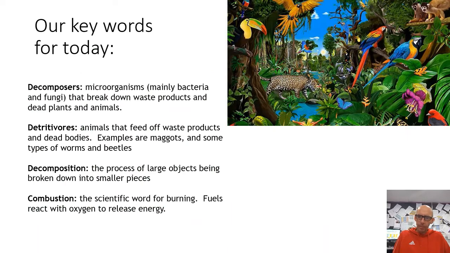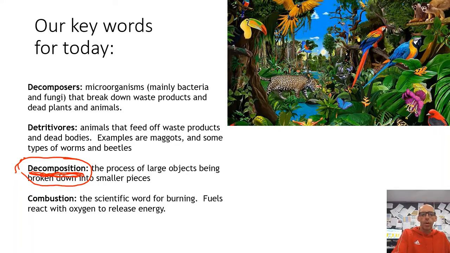Now, in terms of keywords, when we talk about things being broken down or decomposed, so when a creature dies, or when an organism goes to the toilet, when a dog poo, for example, is decomposed, when a dead body is decomposed, it means it's broken down. Now, that doesn't just happen.